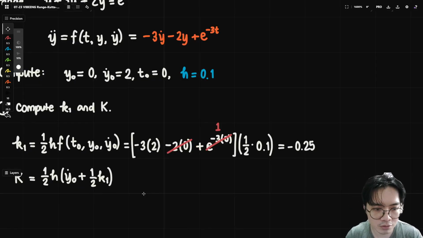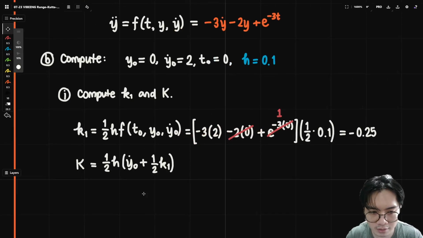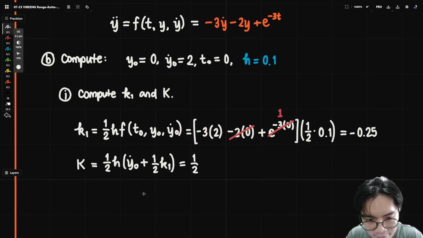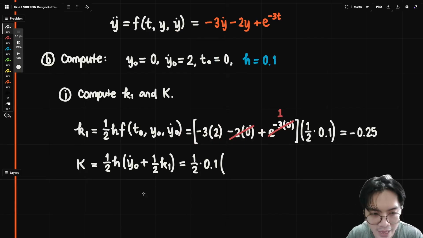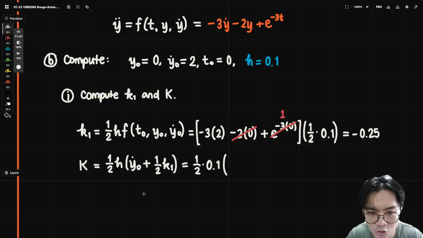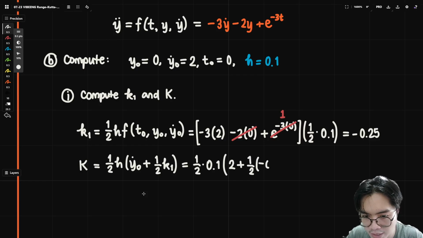Now we continue. We will have 1 half times 0.1 times our y dot 0, which is 2, plus 1 half k1, so negative 0.25.